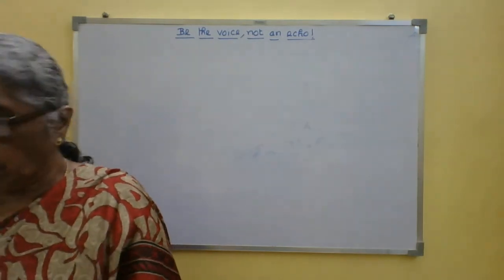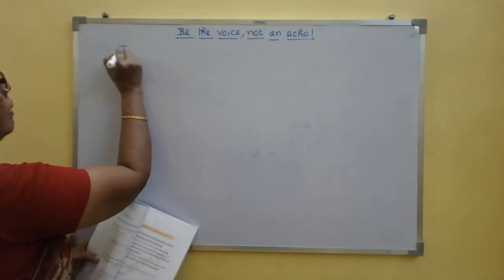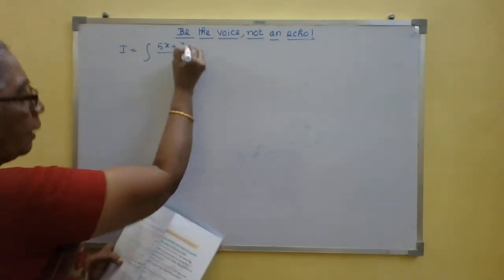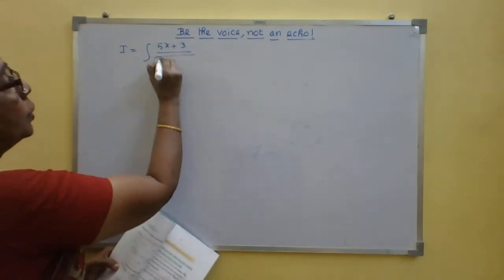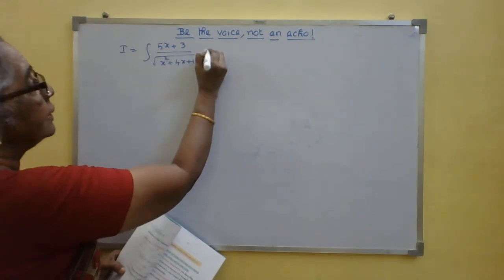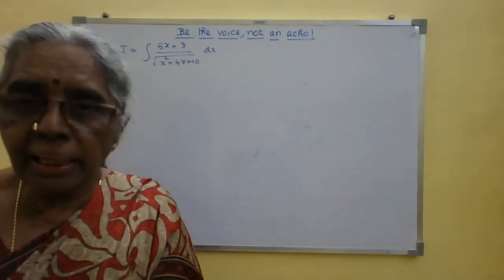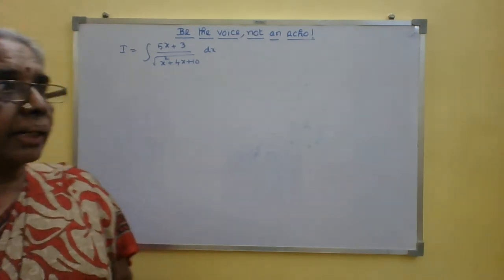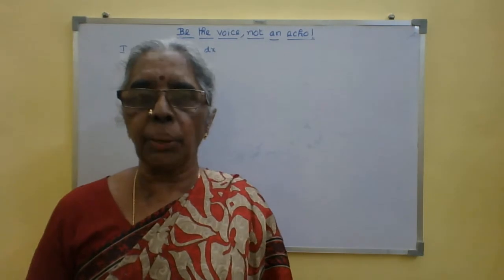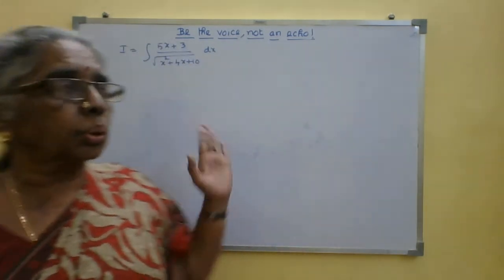I is equal to integral 5x plus 3 by root of x squared plus 4x plus 10 dx. Here the numerator is linear, the denominator is a root quadratic. If the quadratic is within root, no need to check whether it is factorizable or not. It is a root quadratic.